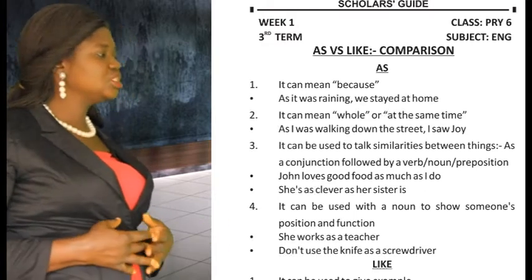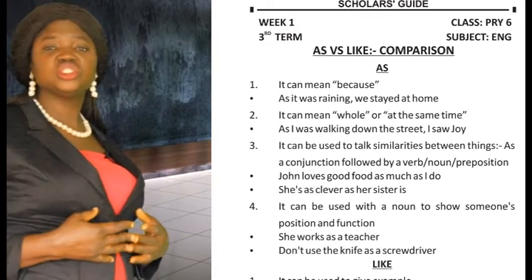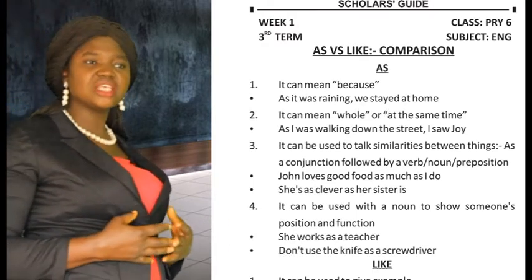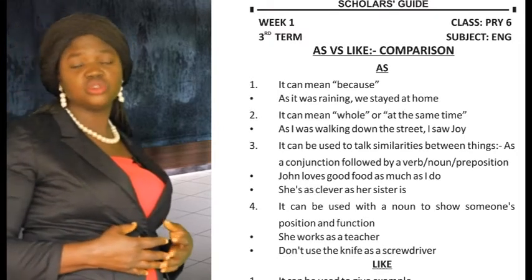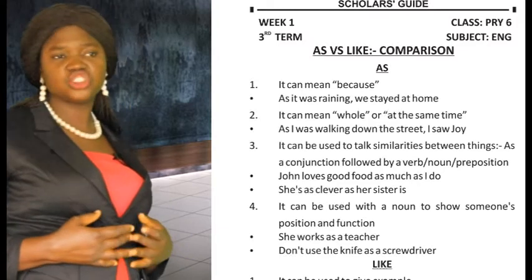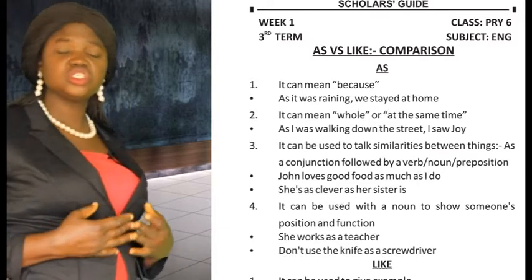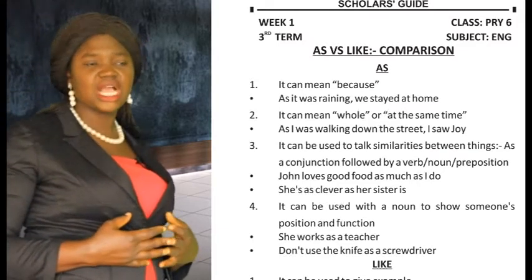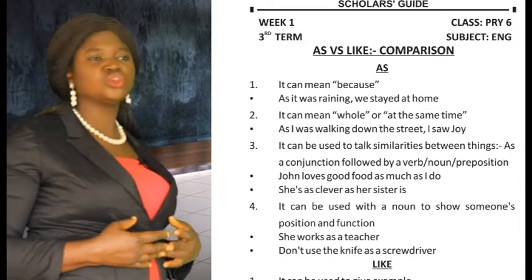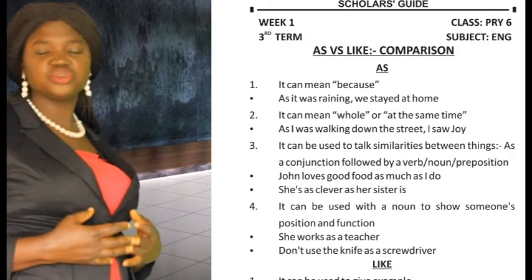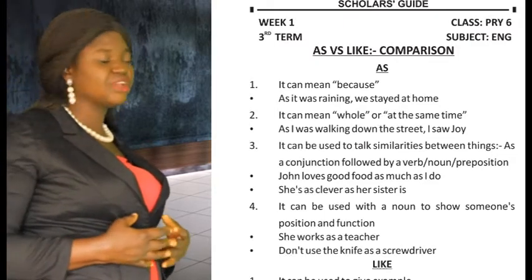For example, it says she works as a teacher. She works as a teacher. You see, as there is actually telling us what work this person does, that this person is a teacher, this person teaches. You see, the teacher there is the noun that follows the as. Our second example says, don't use the knife as a screwdriver. Don't use the knife as a screwdriver.